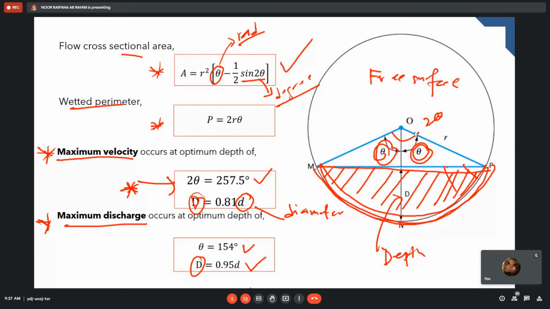So dalam soalan nanti you kena identify, soalan tu nak suruh calculate the maximum velocity ataupun the maximum discharge, ataupun sekadar untuk calculate dia punya water depth ke cross sectional area ataupun wetted perimeter. Kalau just nak kira wetted perimeter without mention yang itu adalah optimum cross section, so tak perlu pakai equation yang ni lah. So kena faham soalan, sama ada soalan tu tanya untuk optimum cross section ataupun tidak.